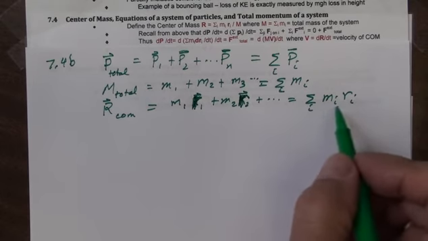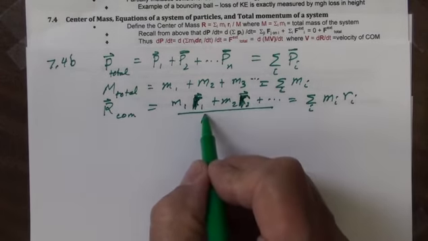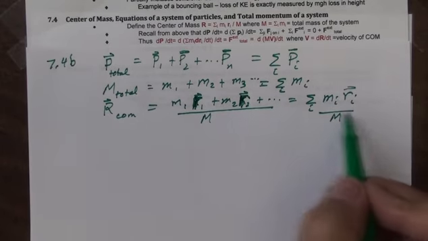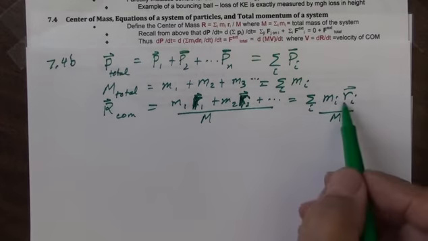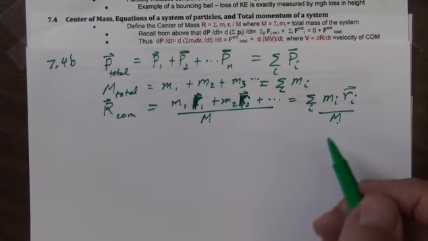And that is the center of mass when it is divided by the total mass. Since the center of mass has to be a position, and this is multiplied by mass, I must divide by mass to get rid of those units of kilograms or whatever.